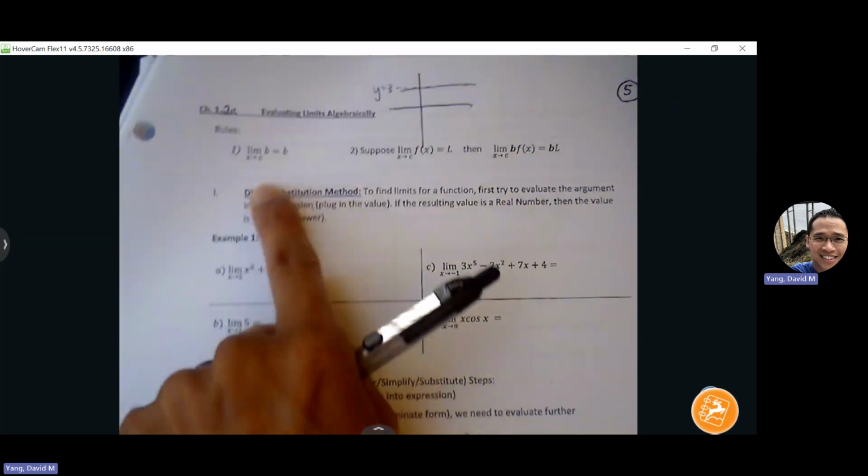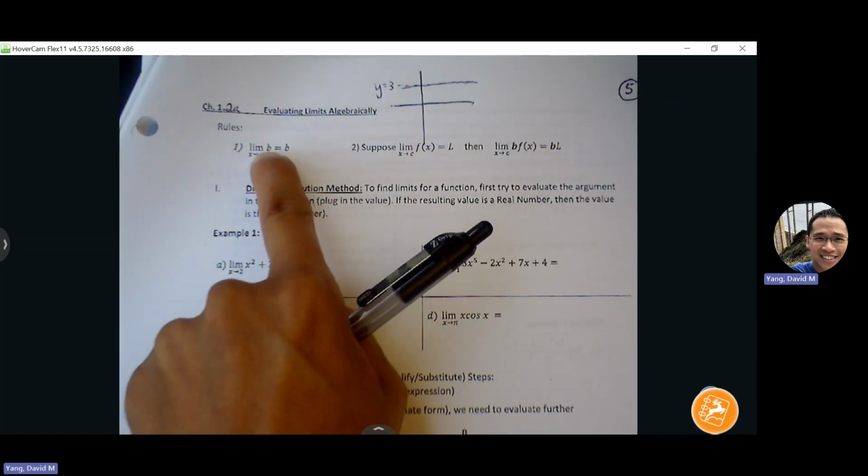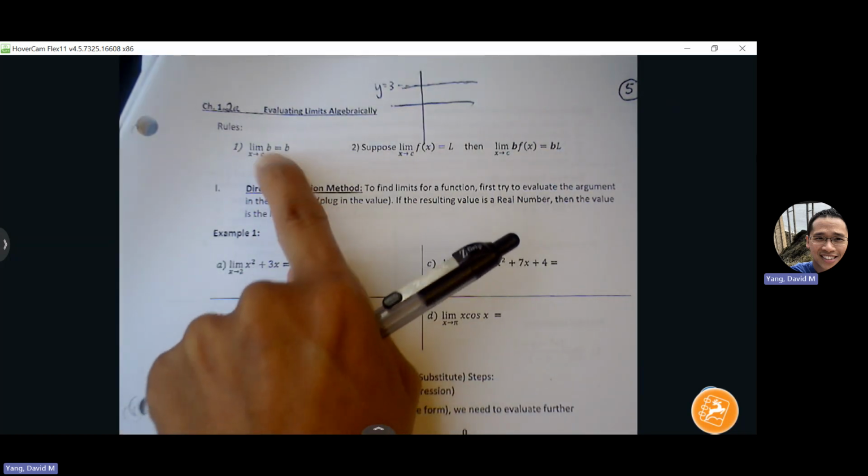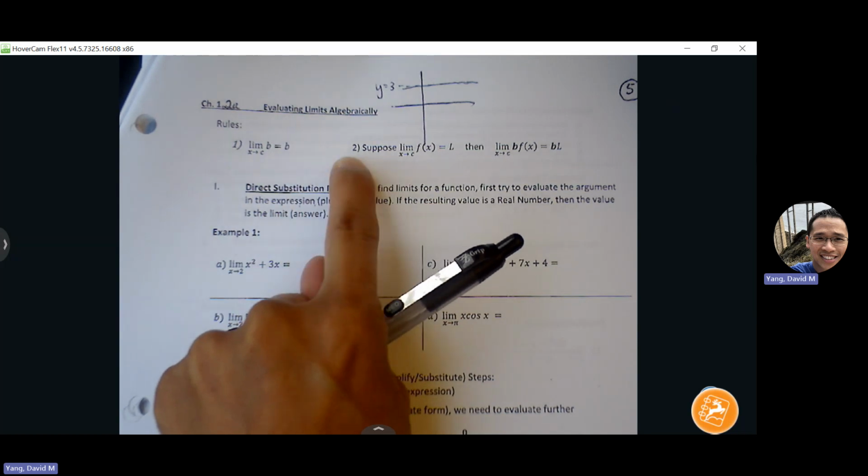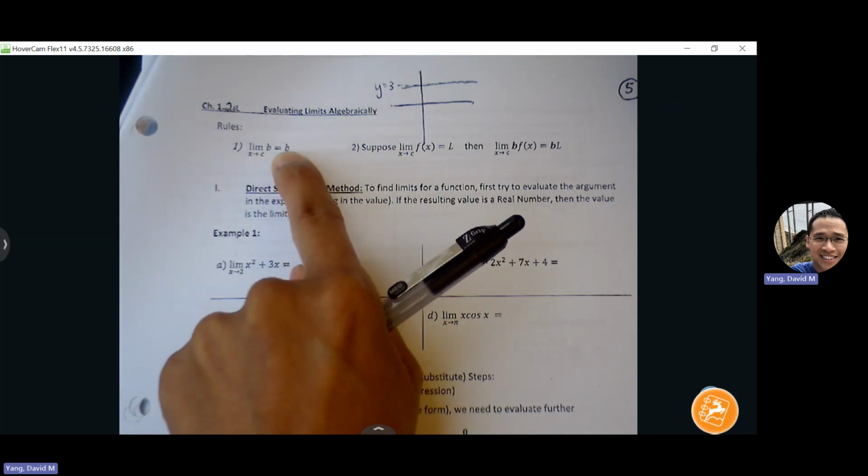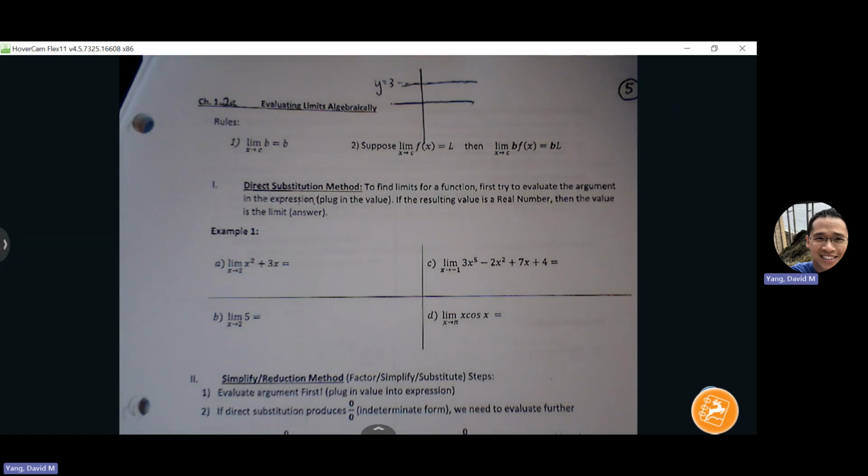It's never going to change. A constant is basically a horizontal line, and that horizontal line is never changing. So your limit is always just going to be that y value. It doesn't matter if we're approaching from the left or from the right. If it's just a horizontal line, that y value will never change. Okay.